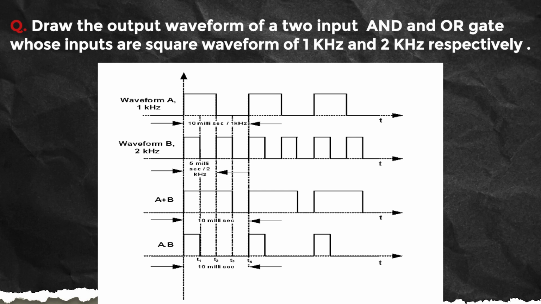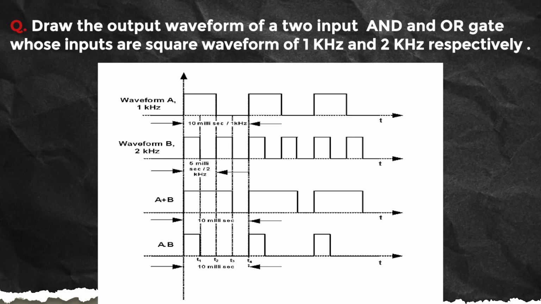So this is a square waveform. You can see that the first figure is a square waveform of 1 kilohertz. Each division is of 0.25 millisecond. For 0.5 millisecond the waveform is on, and for another 0.5 millisecond the output is 0.